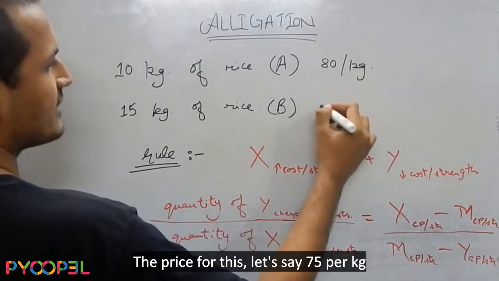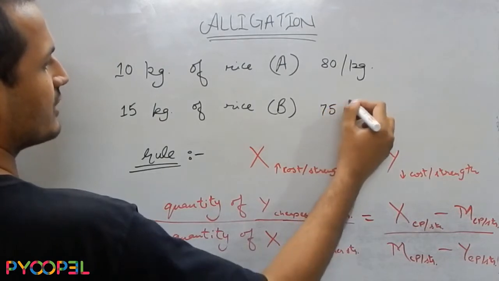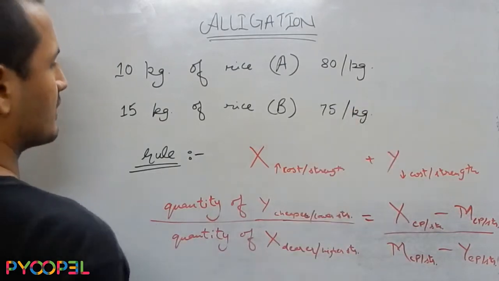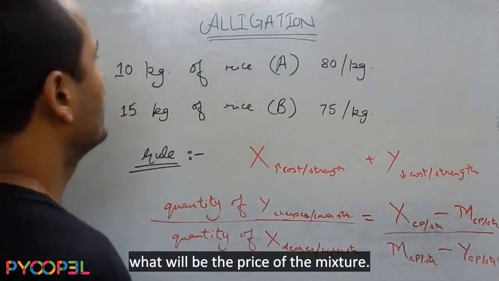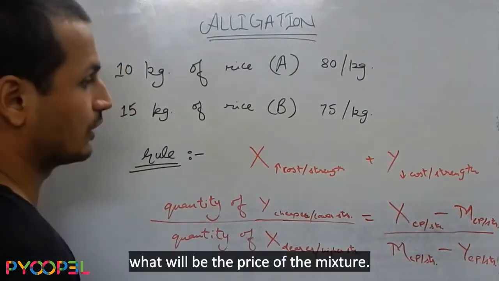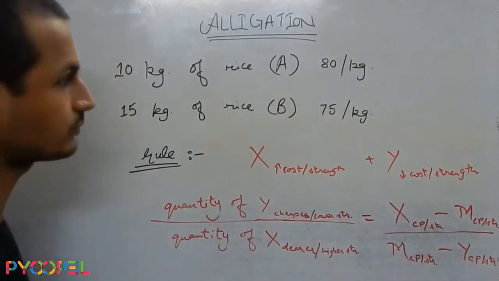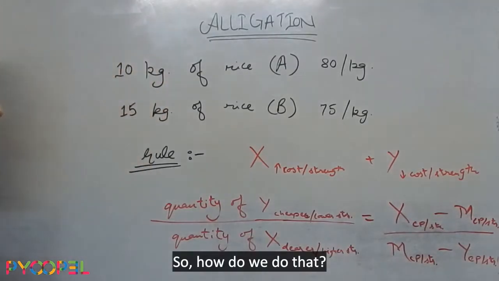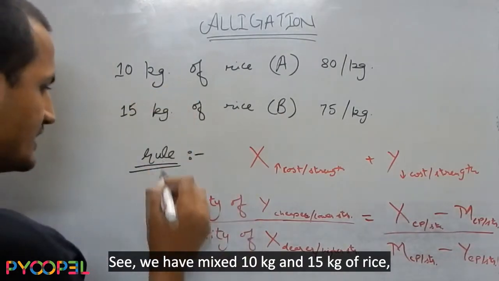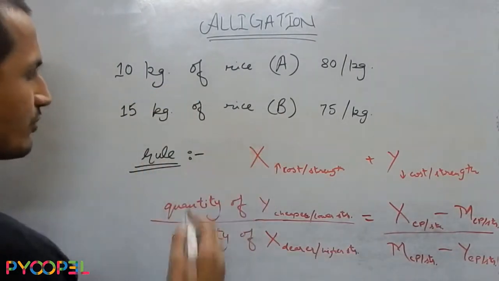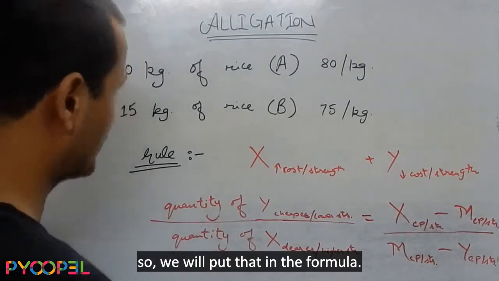The price for this is, let's say, 75 per kg.